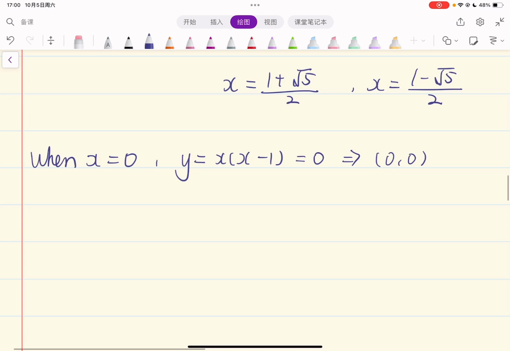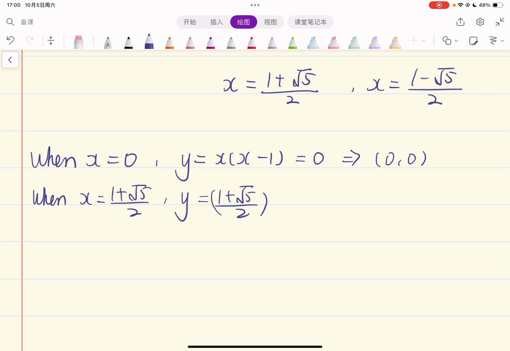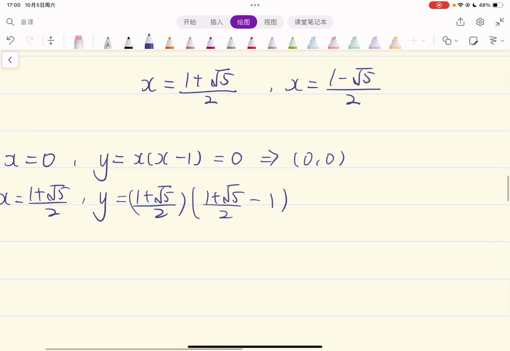Now, when x equals (1 plus square root of 5) over 2, we have y equals (1 plus square root of 5) over 2 times ((1 plus square root of 5) over 2 minus 1), which equals (1 plus square root of 5) over 2 times (minus 1 plus square root of 5) over 2.